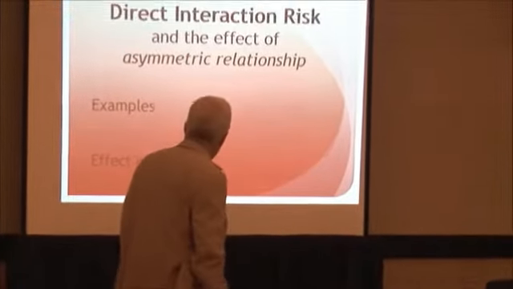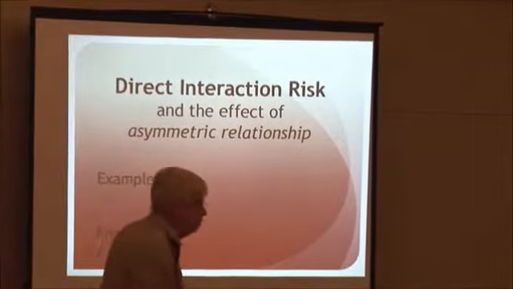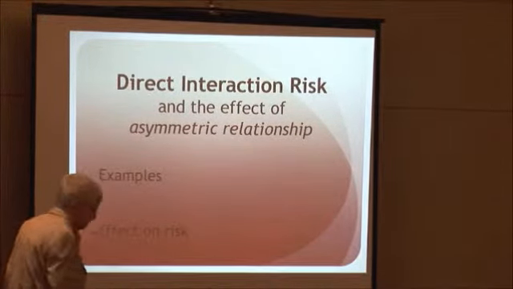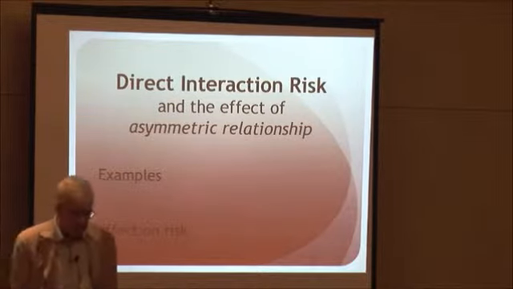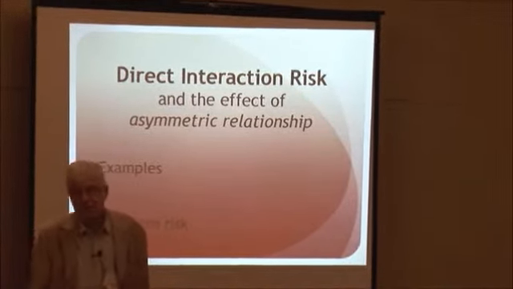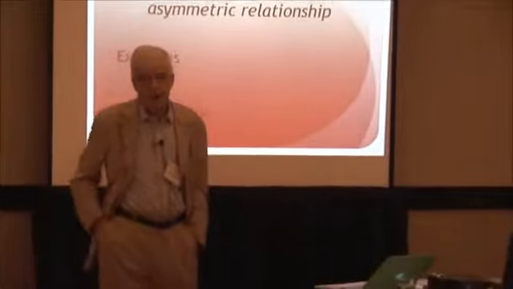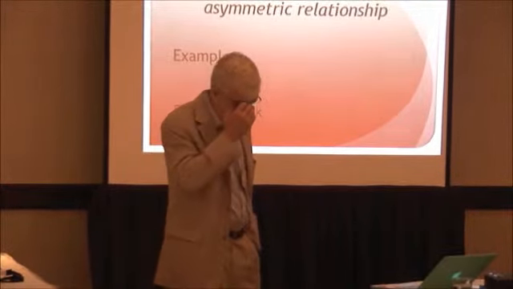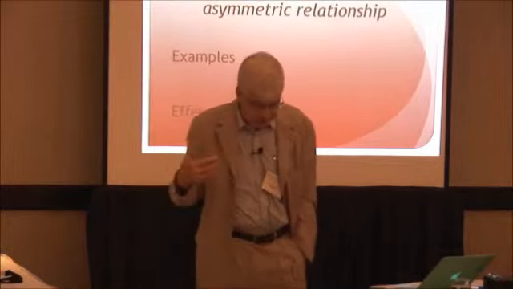Let me give an example and try to see how this can affect risk. Asymmetric relationship is an area that is very well explored by marketing. People in the area of marketing explore symmetric or asymmetric relationships.